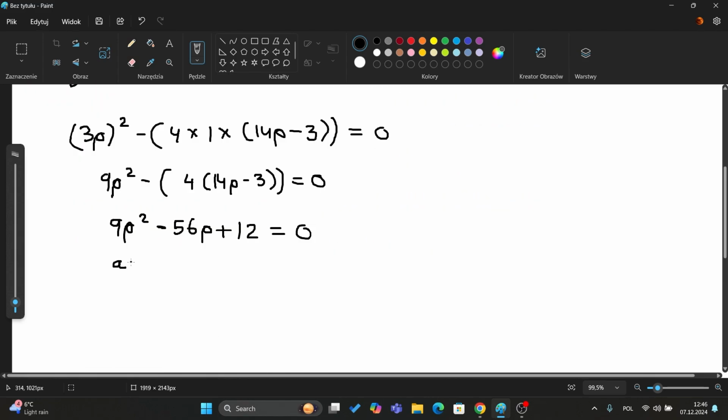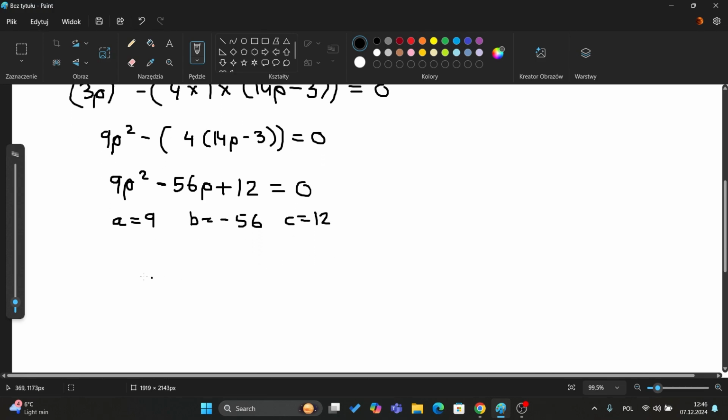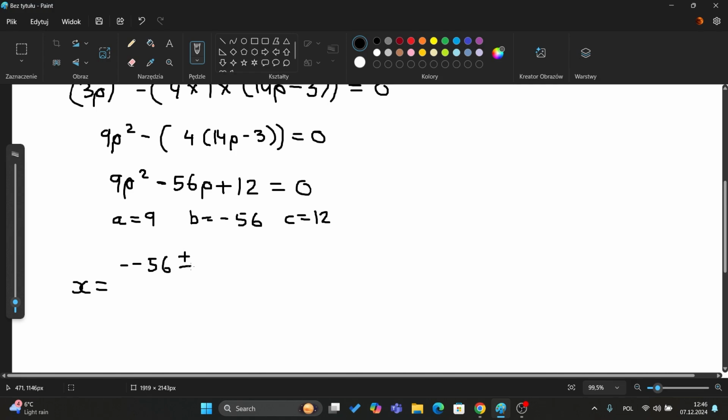So that will be a equals 9, b equals minus 56, and c equals 12. I'll use the quadratic formula for this, so x equals minus b, which is minus 56, plus or minus the square root of b squared minus 4ac, which is minus 56 squared minus 4ac, over 2a.